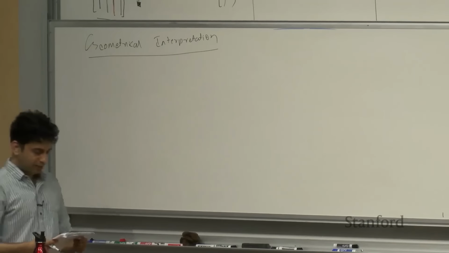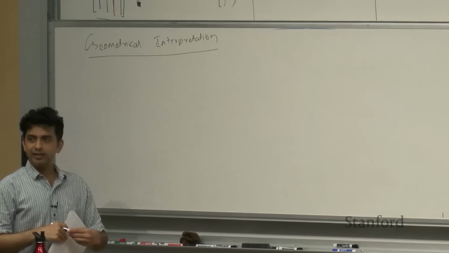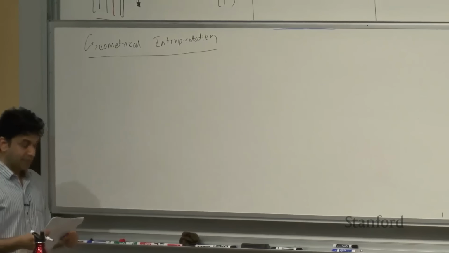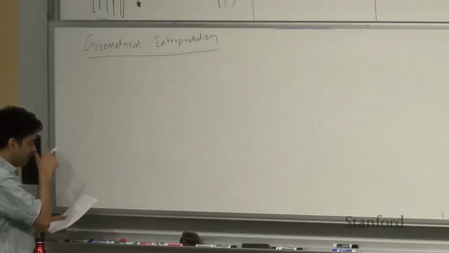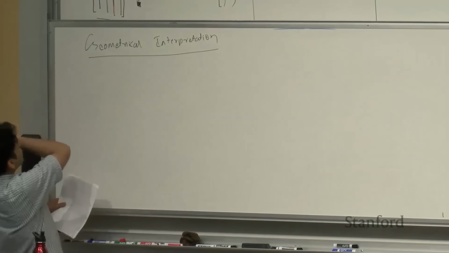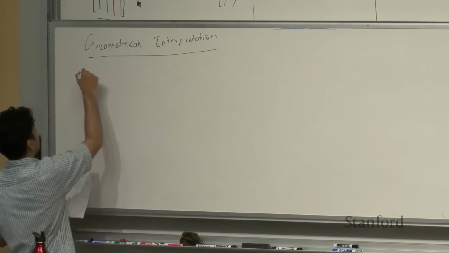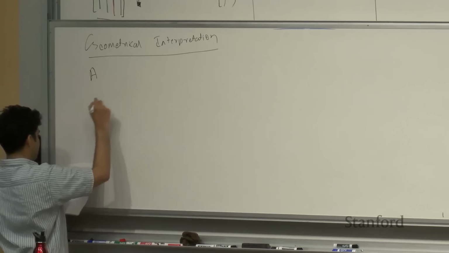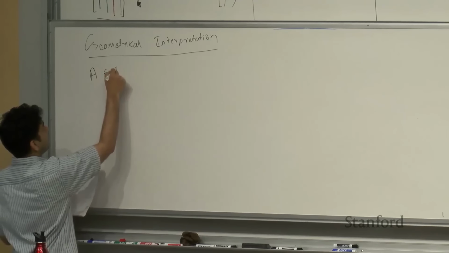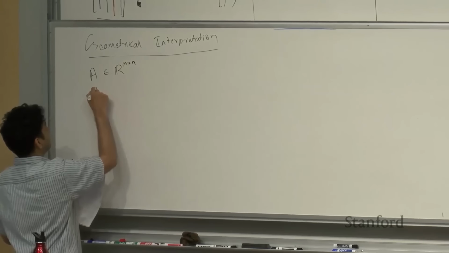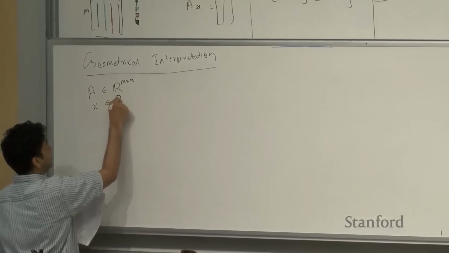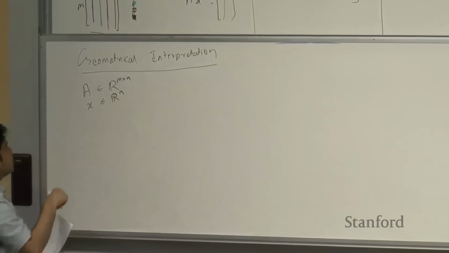Linear algebra is one field of mathematics where it's very easy to visualize things, which makes it really fun and also kind of easy once you get the core intuitions, right? So we saw the matrix vector multiplication. Let's call a matrix A. It's in R^(m by n), and let's say you have a vector x in R^n, right?